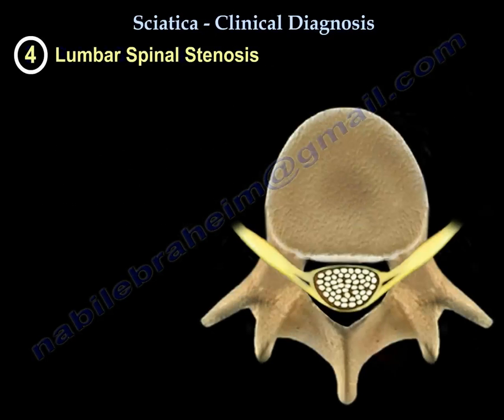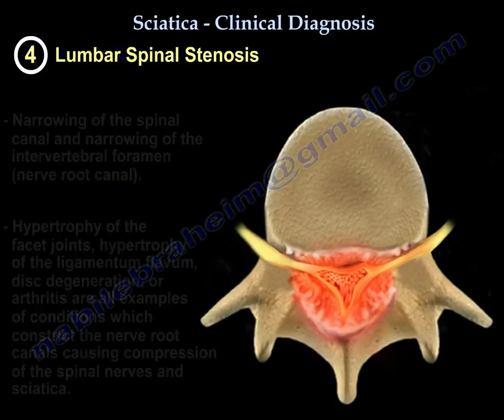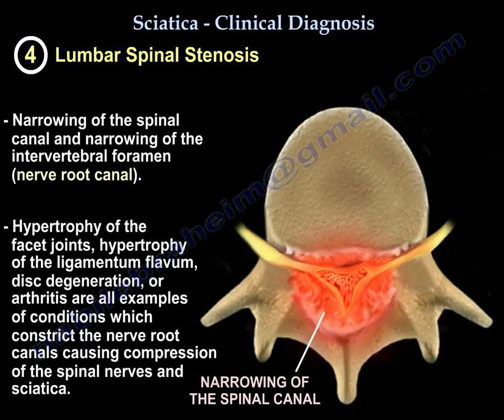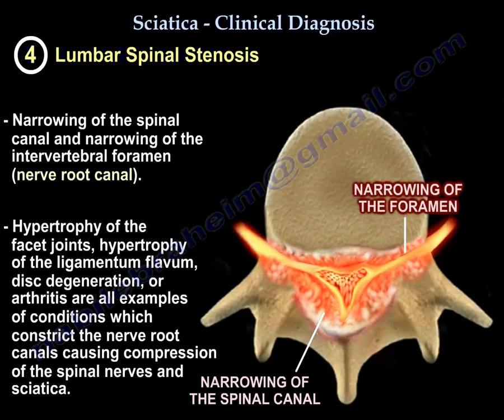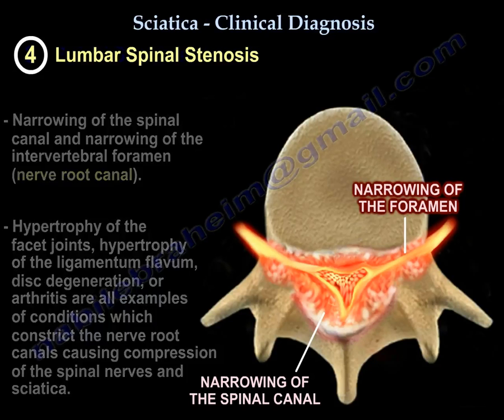Number 4 is spinal stenosis. Narrowing of the spinal canal and narrowing of the foramen from enlarged, hypertrophied facet joints, hypertrophy of the ligamentum flavum, disc degeneration, and spine arthritis. All that will cause pressure on the nerve roots and sciatica.